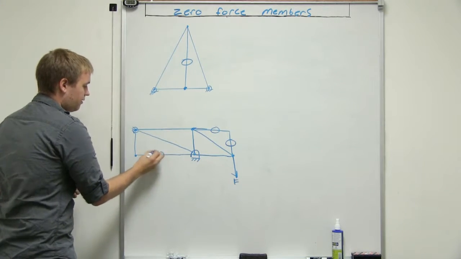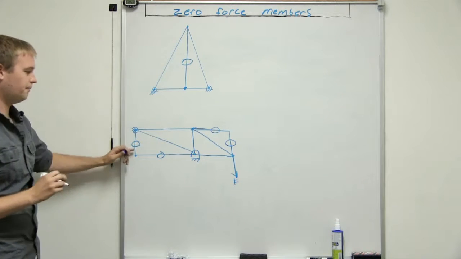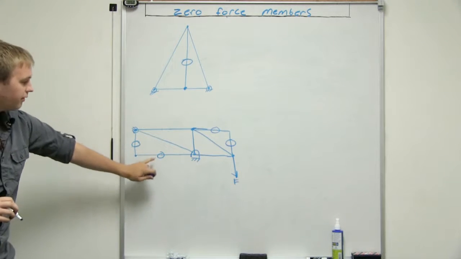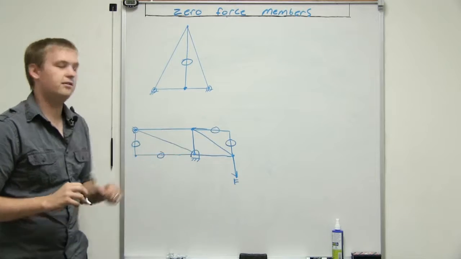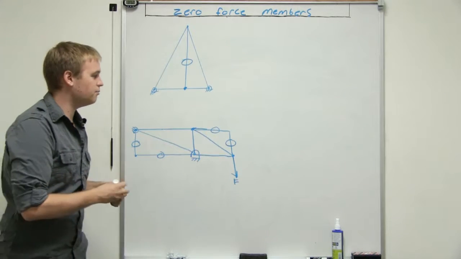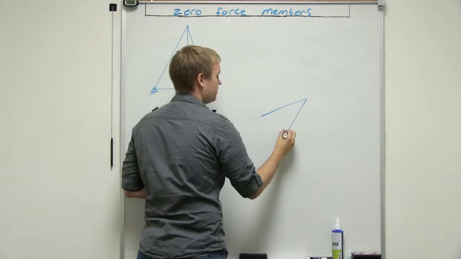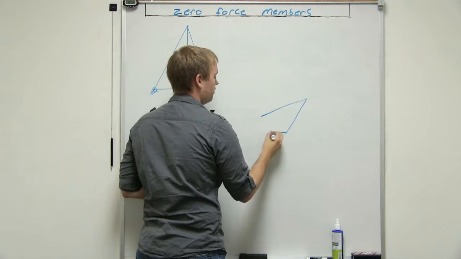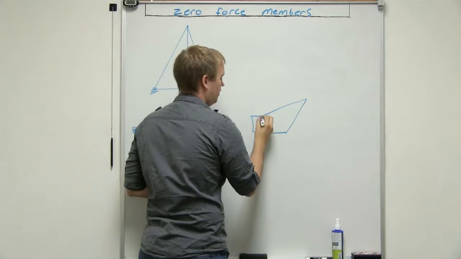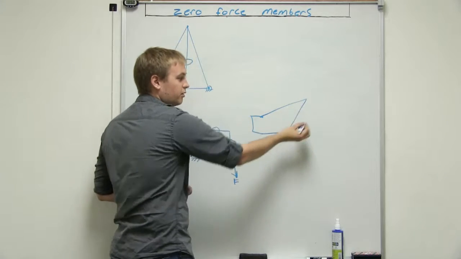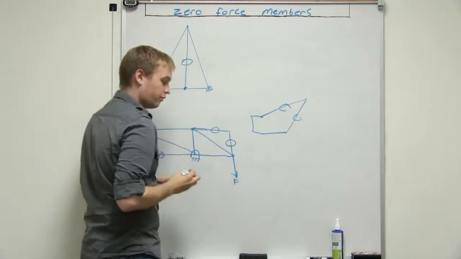And then same with these down here. So that's a zero force member, that's a zero force member, and so is that. So anytime you see something like this, just off in space, and they don't have anything attached to them out here, those are both zero force members.